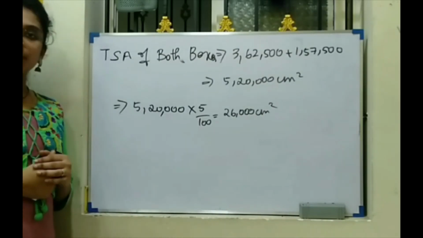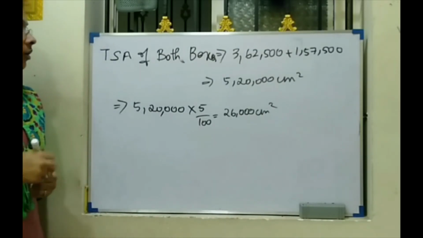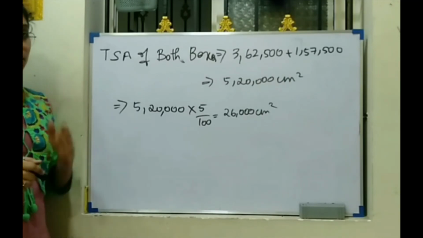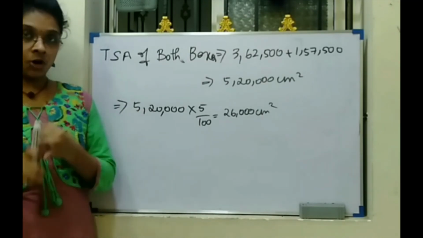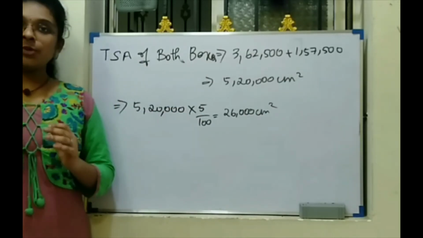What is the next step? We have to find the total area, that is the total area for both bigger and smaller boxes plus the overlaps. What will be your area?